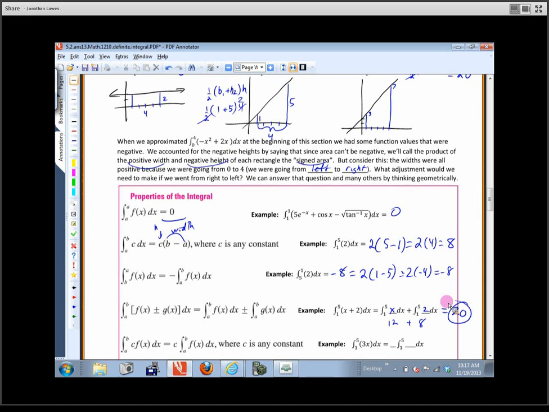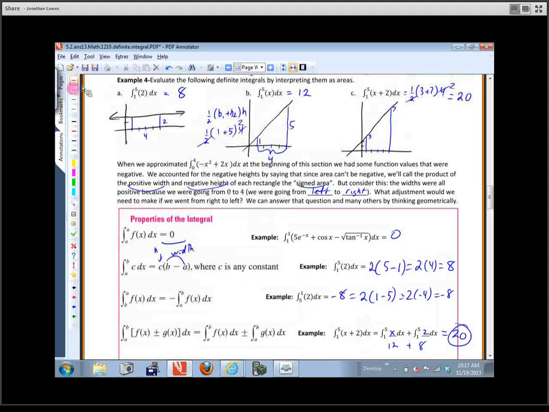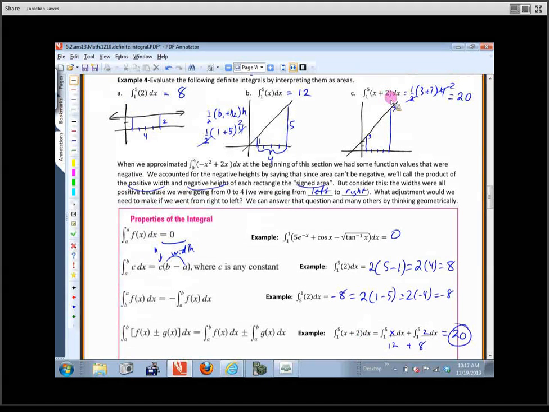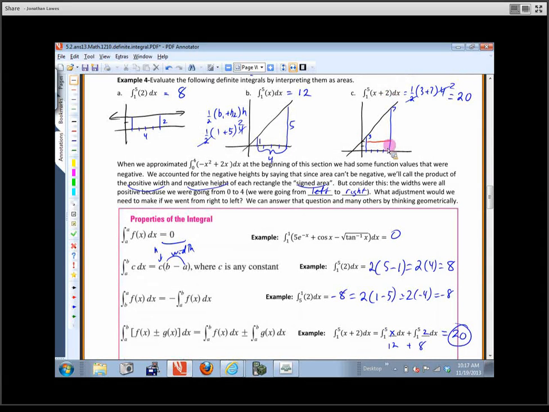Now, here's what we really did. Okay? If you think about this geometrically, if we keep the two of these together, I've got a picture of it right here. What really happened was, I've got this function 2. The area from 1 to 5 on the function 2 can be represented right here. It's this rectangle right here.